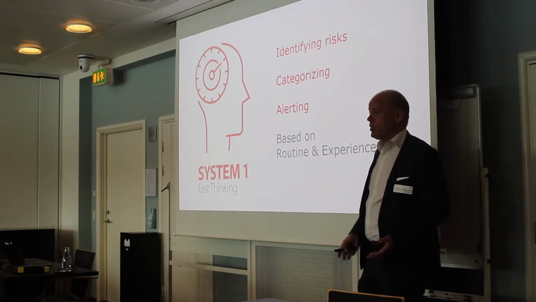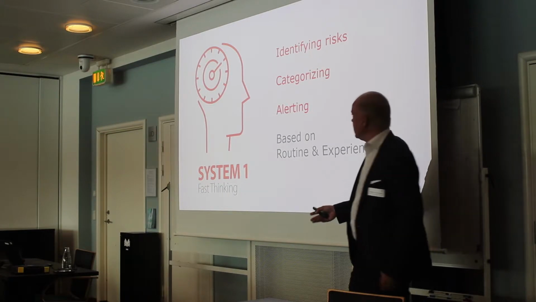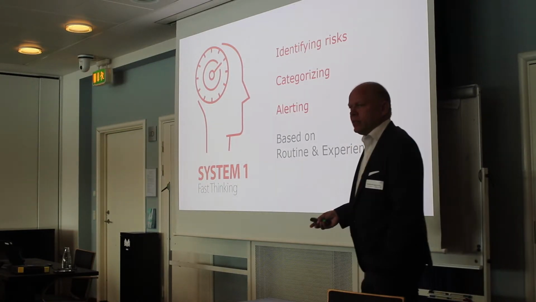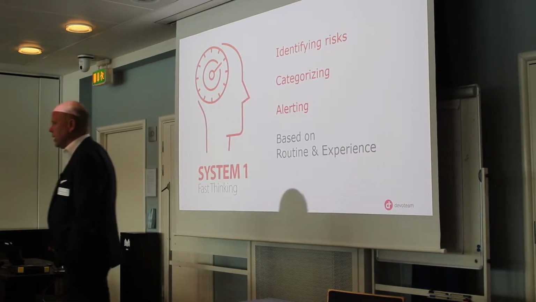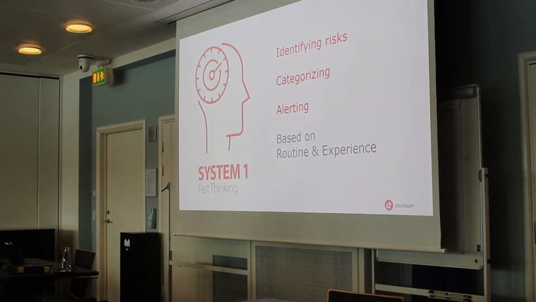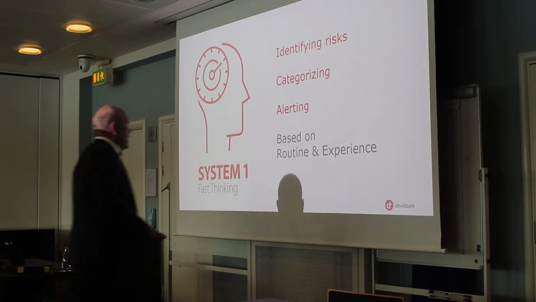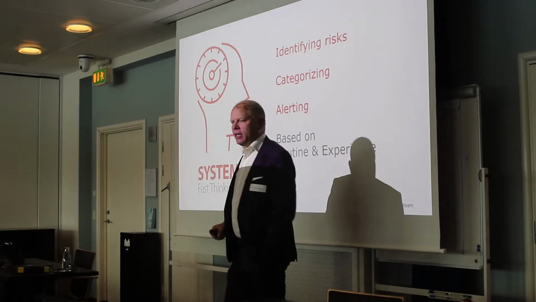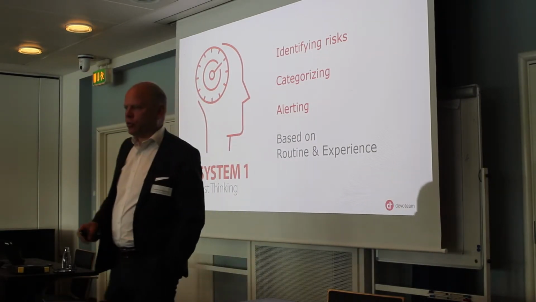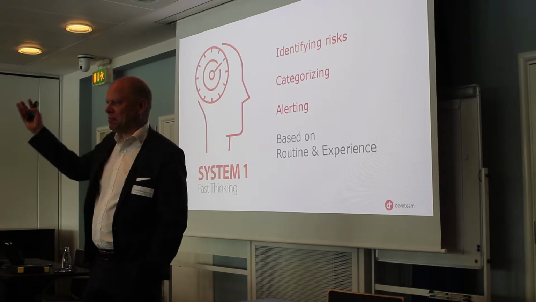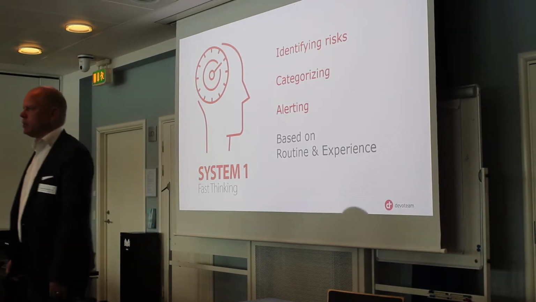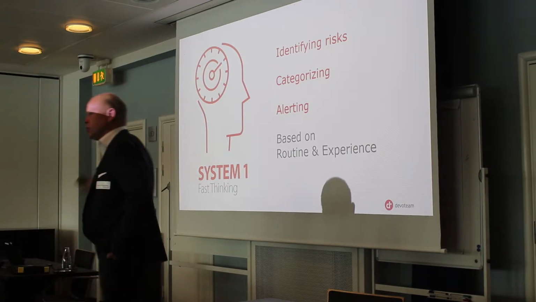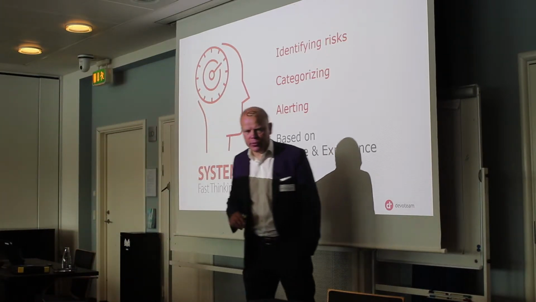I don't know what the risk is, but it's something. Putting things in categories is also something that you can do fast. Is this something that can wait, or is it something that's urgent? But not much more than that. And telling somebody that there is a problem is also something that you could do. So shouting help, or getting in touch with someone, pressing a button if there's a problem. That's also something that would be relevant for System 1.